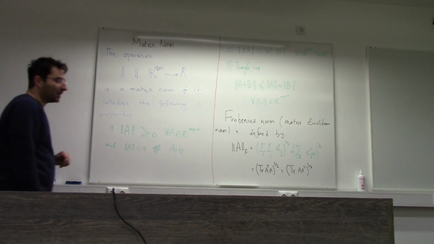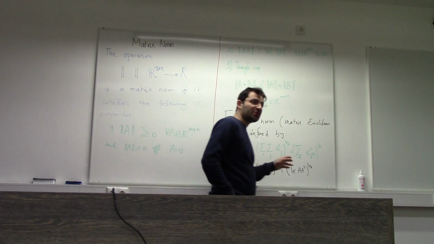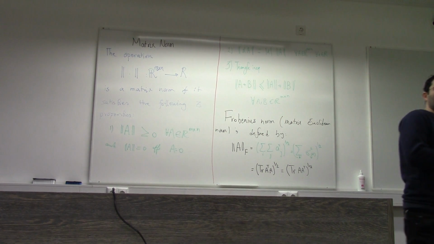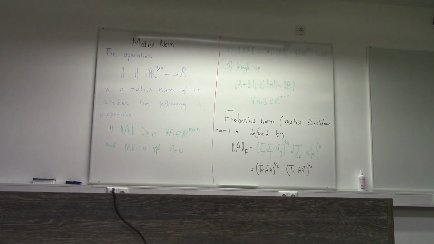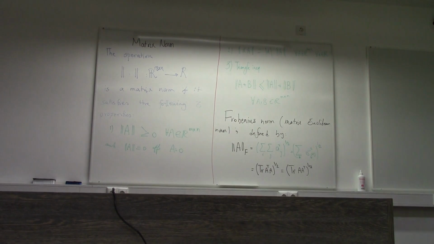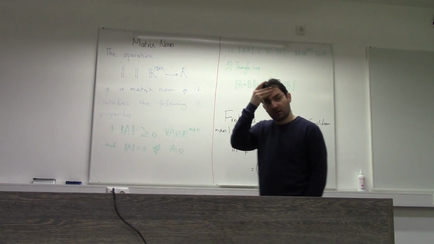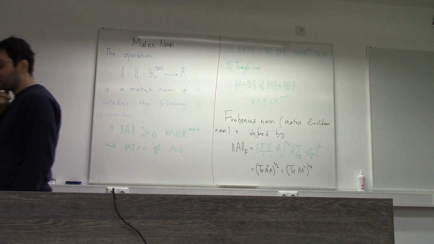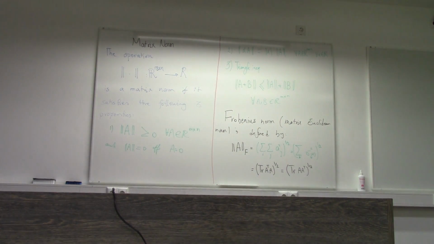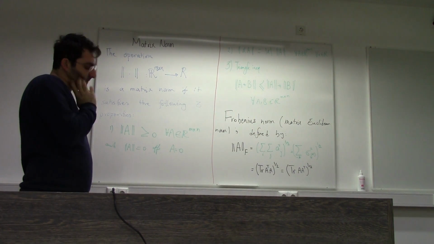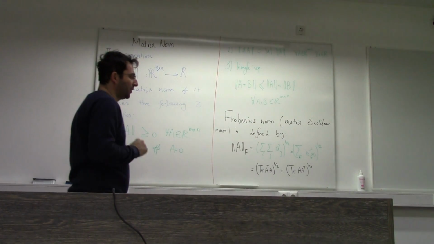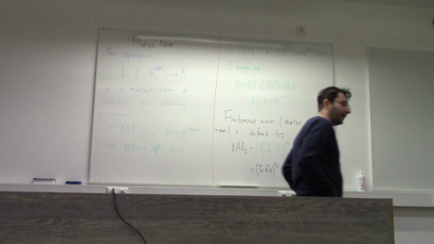It is at the same time equal to the sum of all the singular values of the matrix squared, with the result under a square root, which is the trace of A transpose A under a square root, or the trace of A A transpose under a square root. You can finish writing, then I have a question regarding what I have written in Greek.